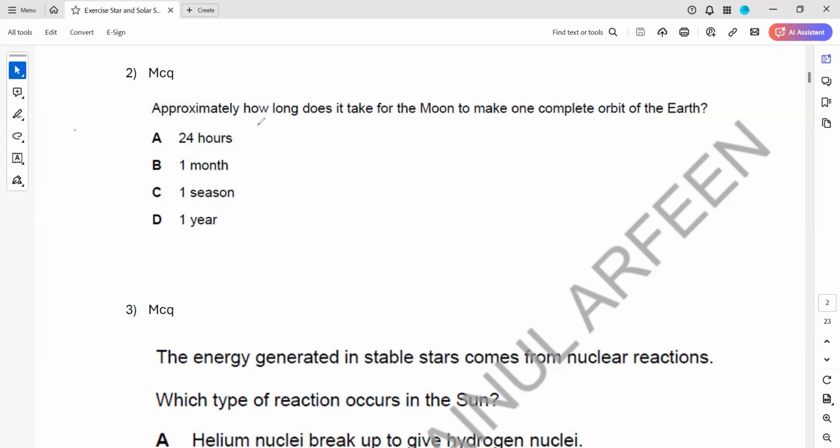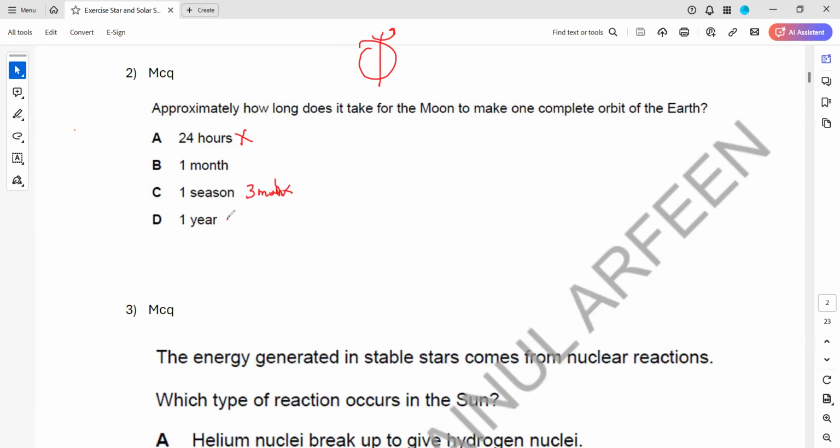So 24 hours is the time taken by Earth to spin on its own axis. 1 season, because we have 4 seasons, refers to 3 months. So 3 months is not the correct one.